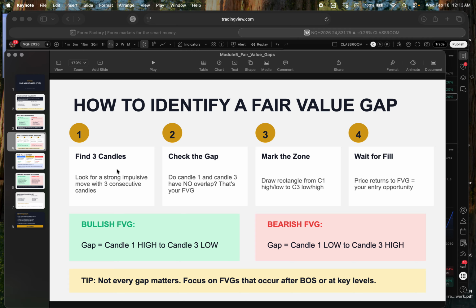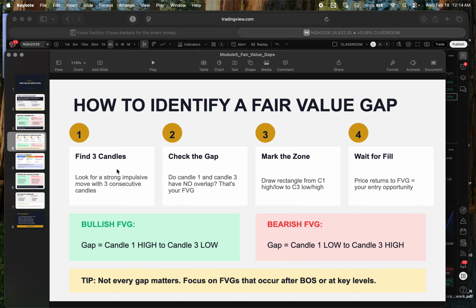Is there a gap or a space between the first candle's wick or the end of the candle and the third candle? Or do the wicks overlap each other on the first and the third? If the wicks overlap, there's no gap. If the wicks do not overlap or the candle doesn't overlap, you have a gap.